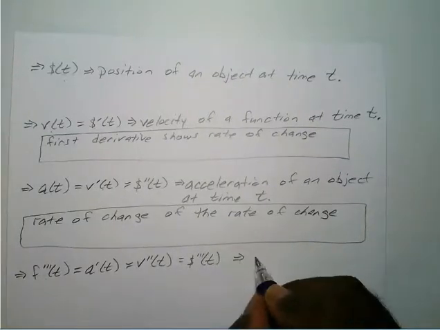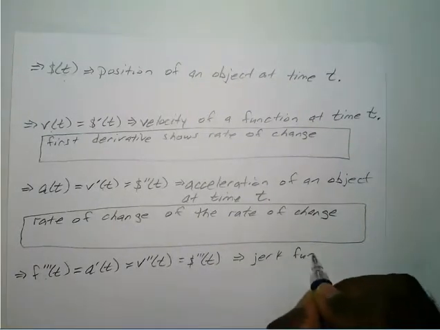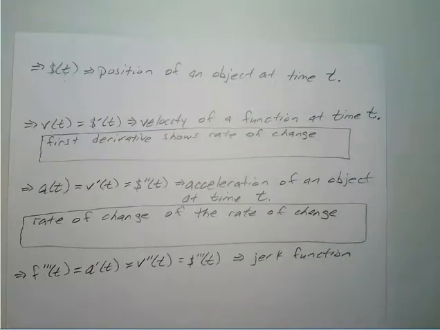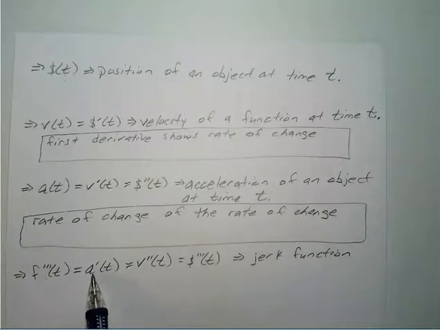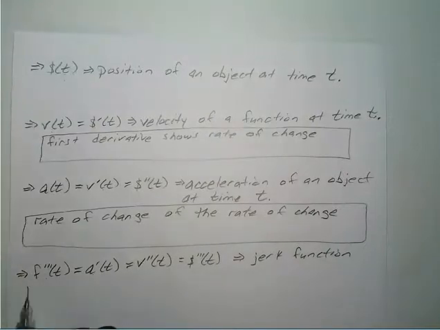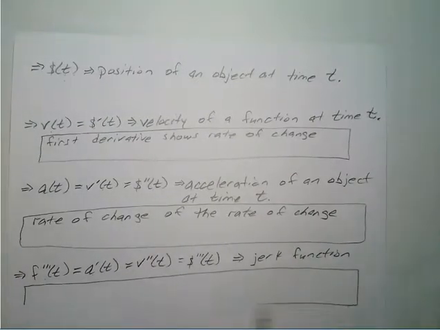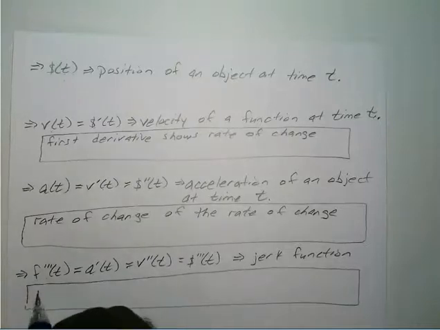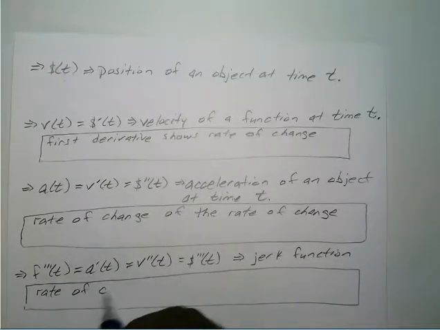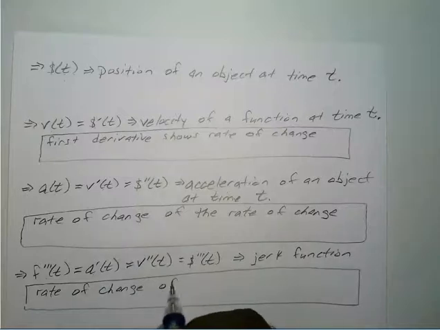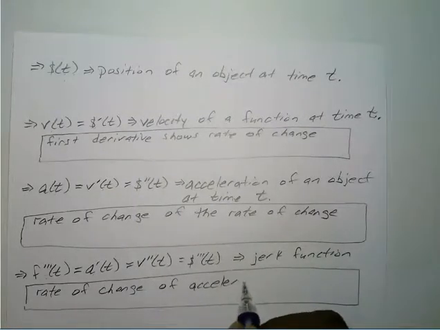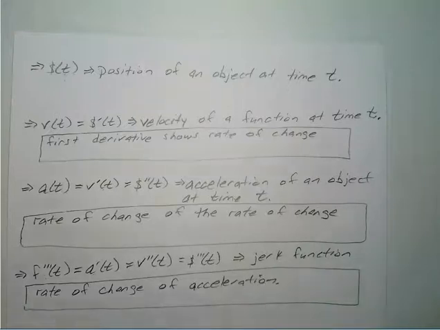And that third derivative is your jerk function. Since you have the derivative of the acceleration function, your jerk function is really just the rate of change of your acceleration. So that's the main idea of your jerk function.